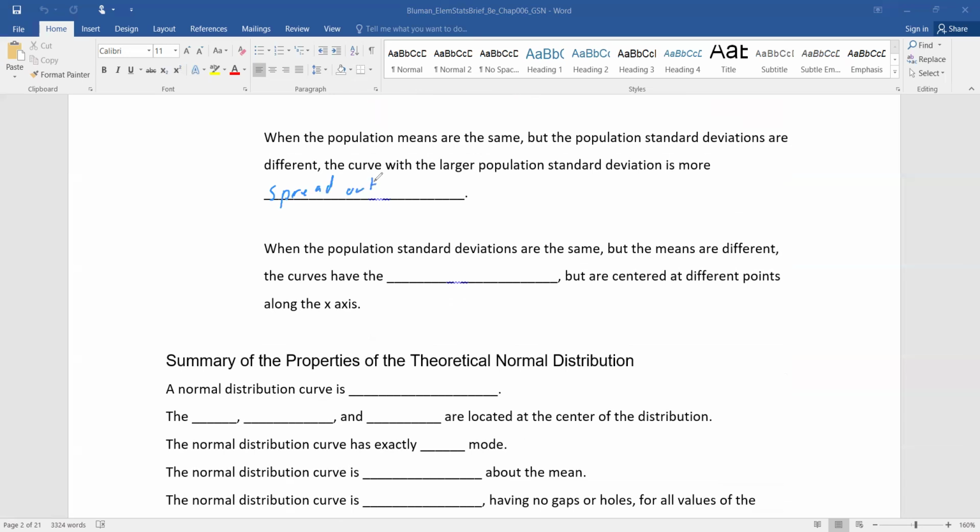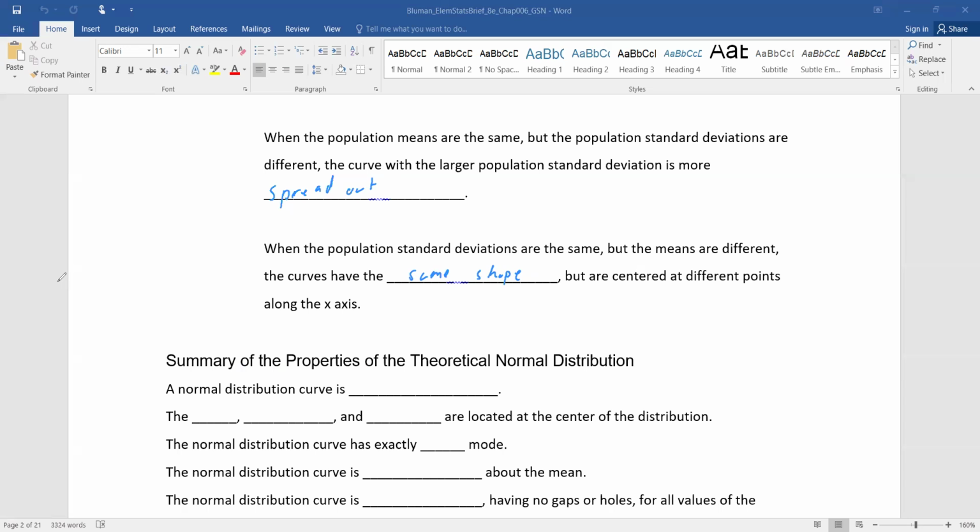When the population standard deviations are the same but the means are different, the curves have the same shape but are centered at different points along the x-axis, as you can see in the part B graph.